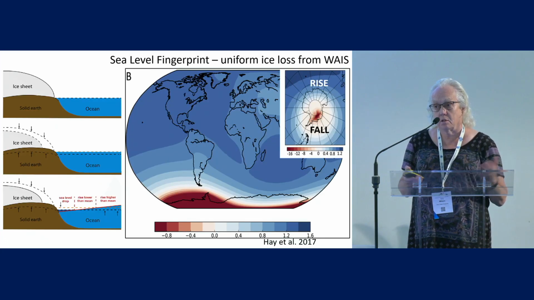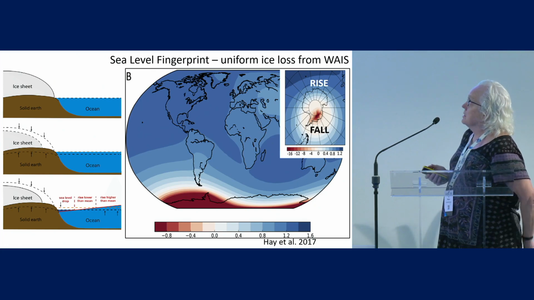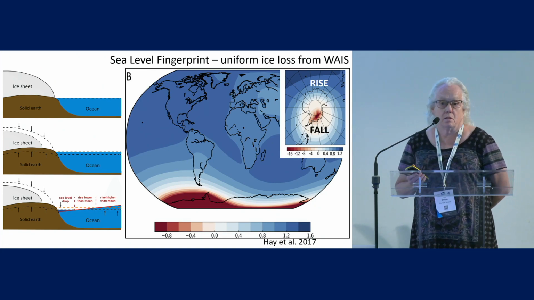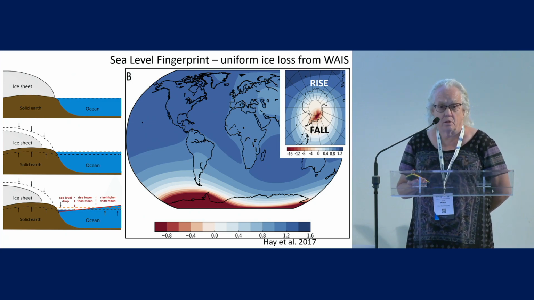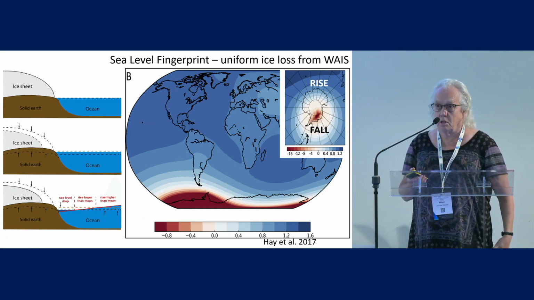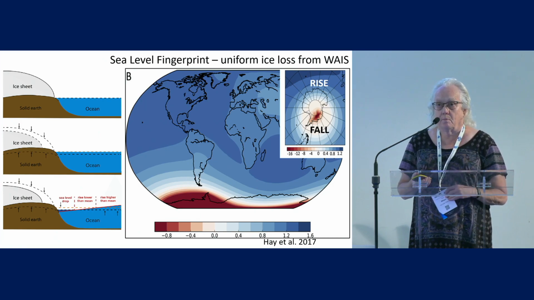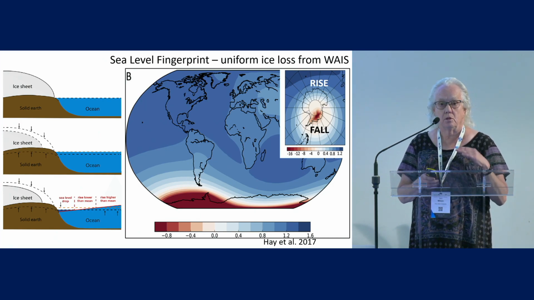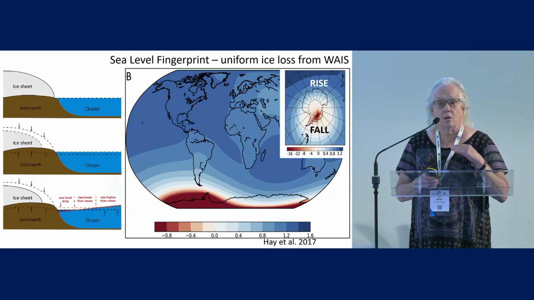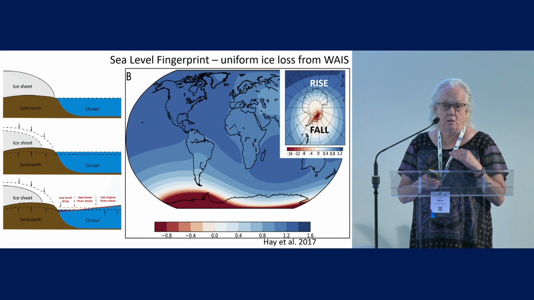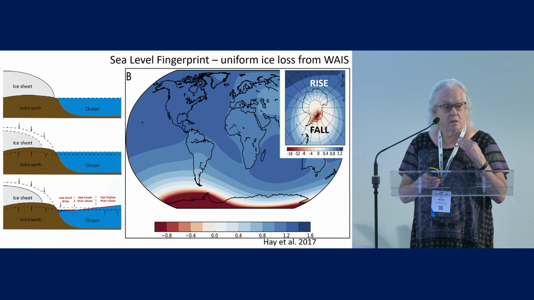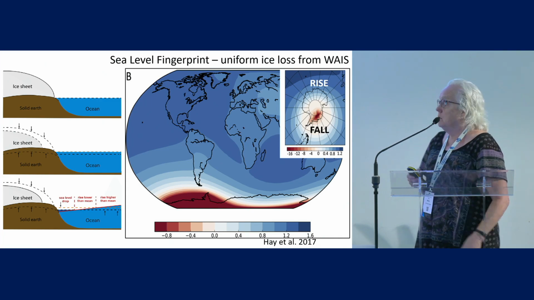So this is what's behind sea level fingerprints, and on the right here is an example from Hay and others where they used a 3D GIA model. And this represents if you uniformly melted across the West Antarctic ice sheet, the equivalent of adding 1 millimeter per year of sea level to the global ocean.